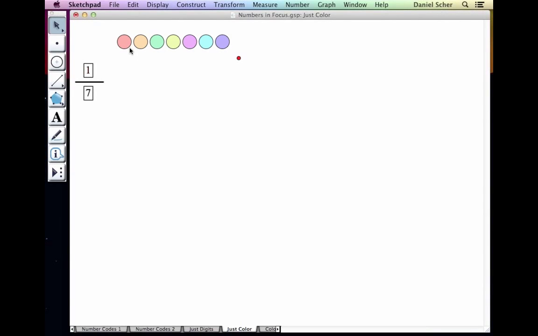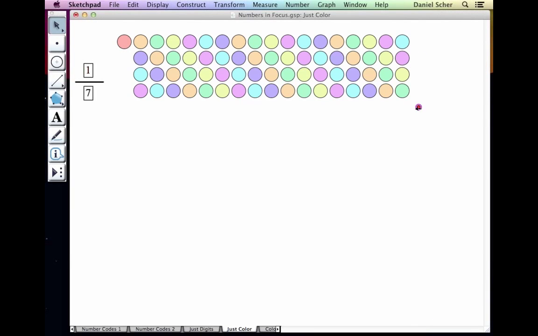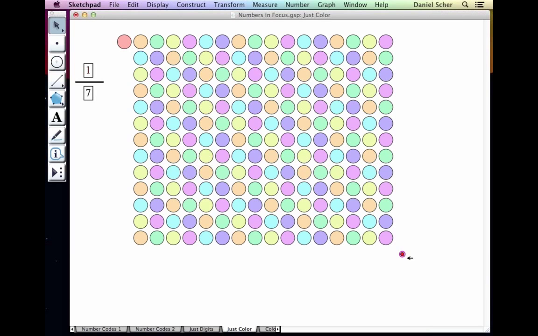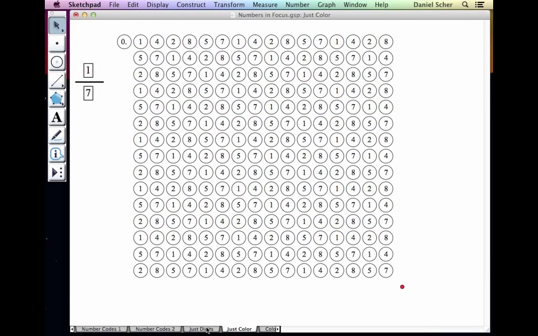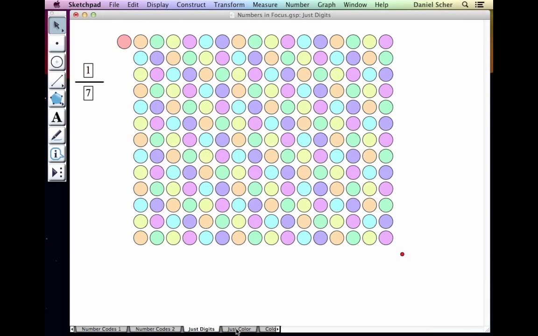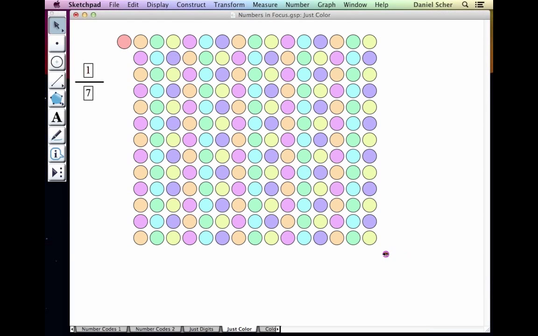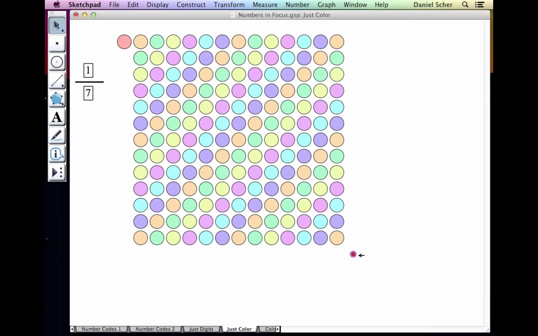And I can drag out, and I can drag down, and we're seeing that same representation just with color coding. So it's interesting when students start to look at this, what patterns they might find. Here, for example, we see this very nice diagonal pattern with the colors going down the diagonals.